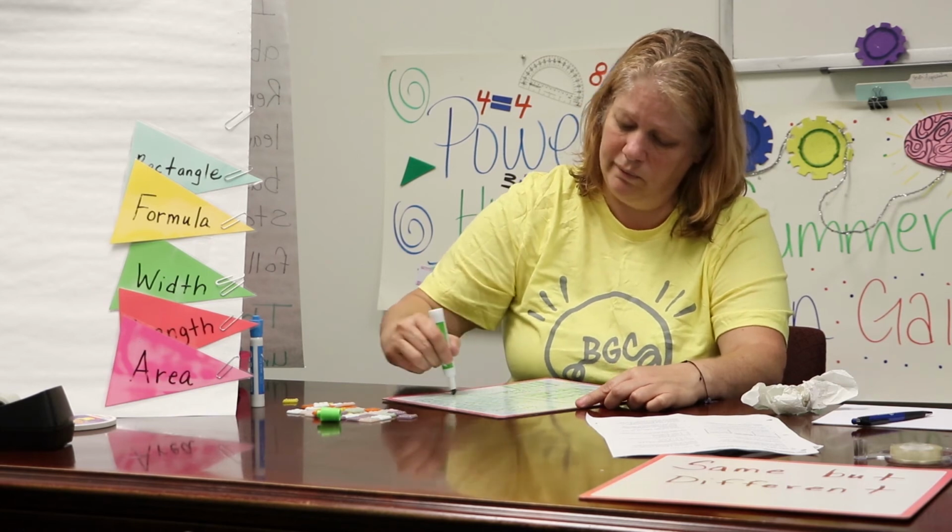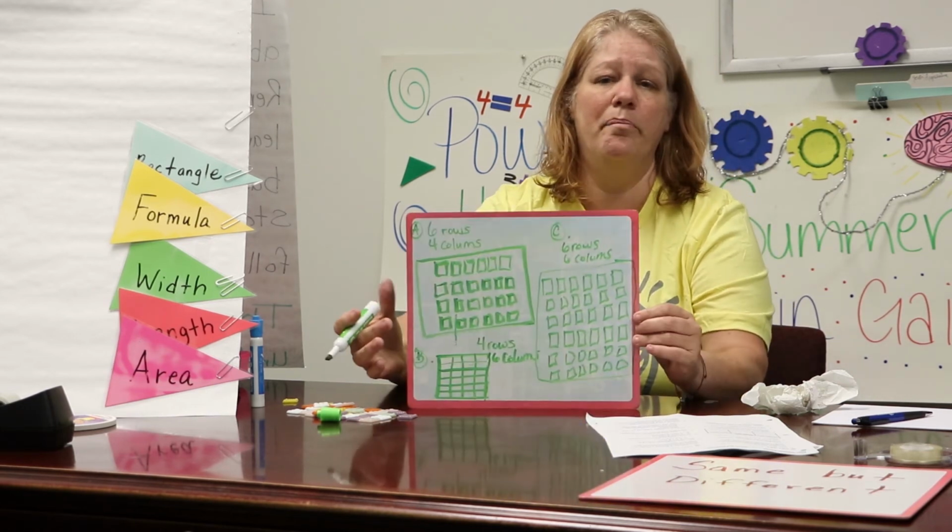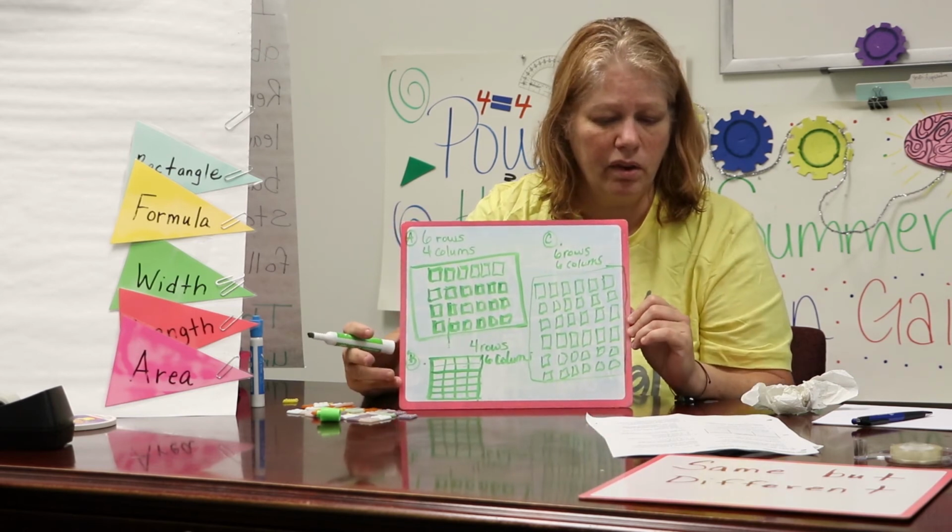So that's like columns and rows, length and width, all the same words. That one has a lot of squares in it, which means it has a big area.